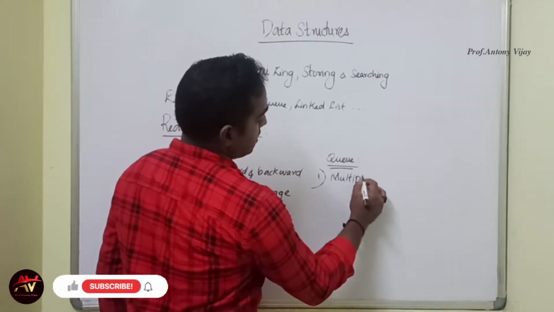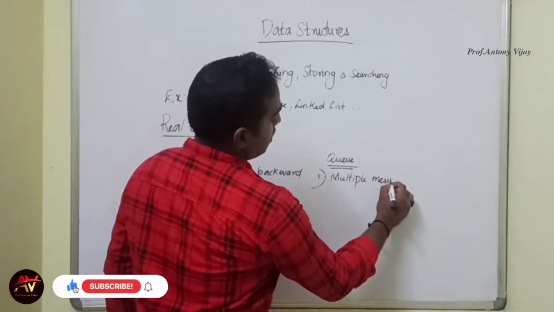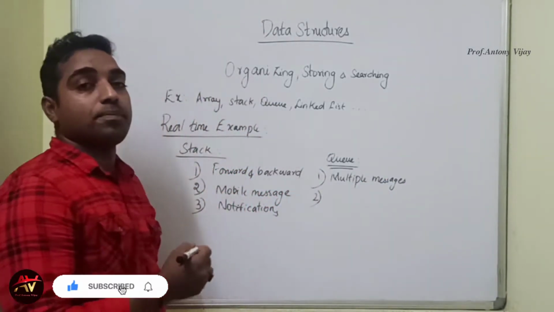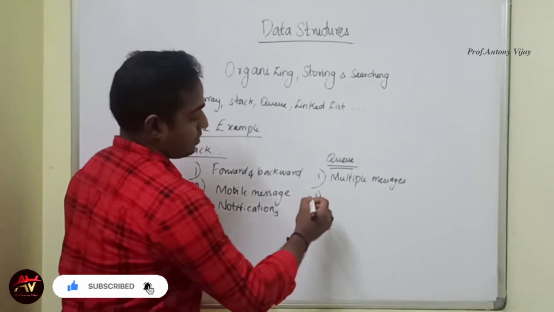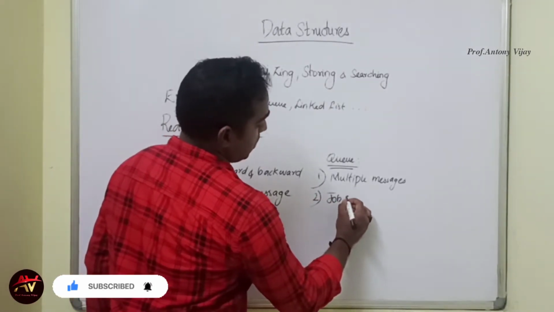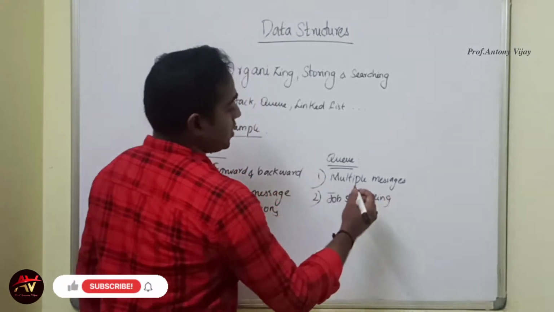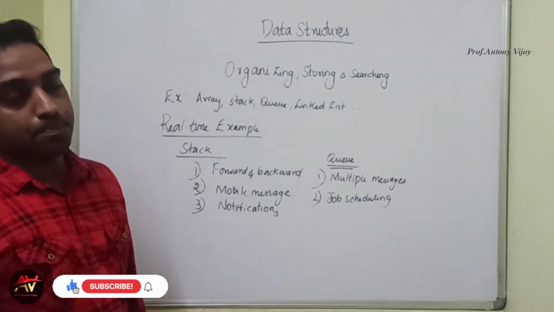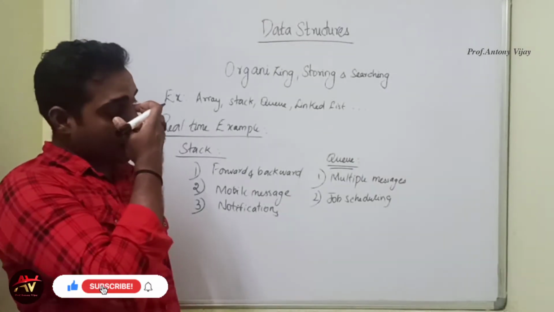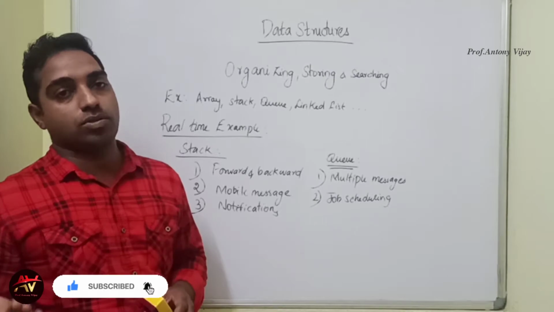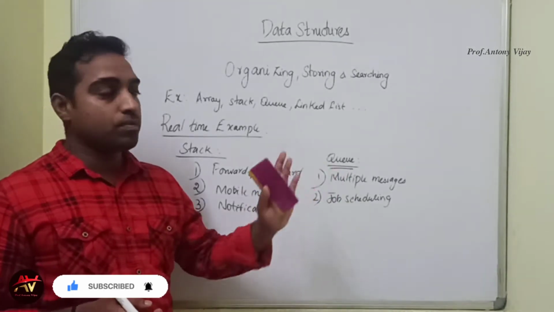And queue can also be used for job scheduling process in operating system. When I talk about job scheduling, usually job can be done by RAM, that is random access memory. It means one process after another process. This is what called as queue.